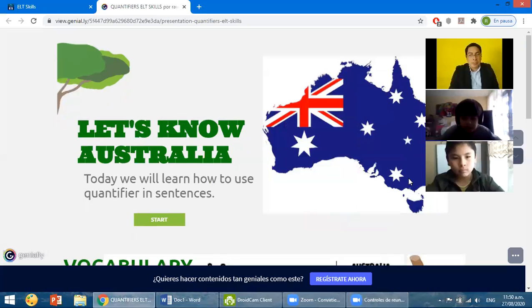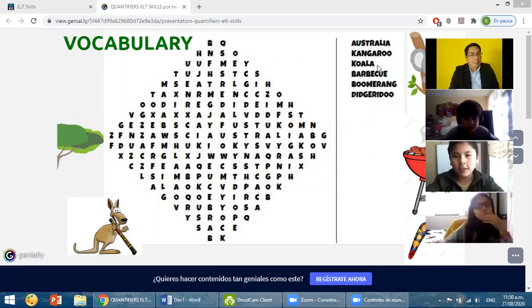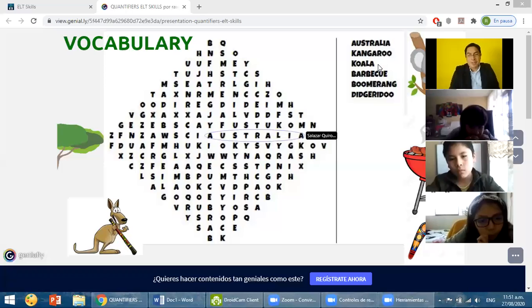Go please to Zoom, go to Anotar, and help me to find these words. Australia, kangaroo, koala, barbecue, boomerang, and didgeridoo, okay? Let's find these words. Oh, very good, Australia.